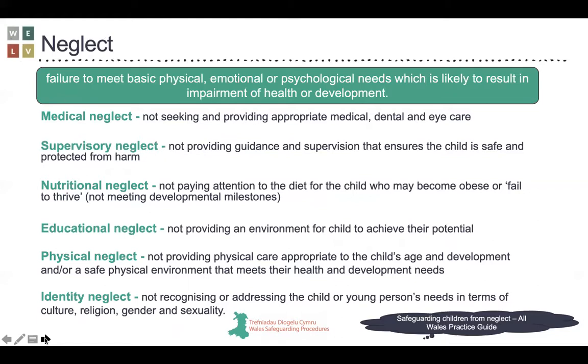There are a number of different types of neglect described within the procedures, which are on the screen in front of you now. These include medical neglect, supervisory neglect, nutritional neglect, educational neglect, physical neglect, and identity neglect.